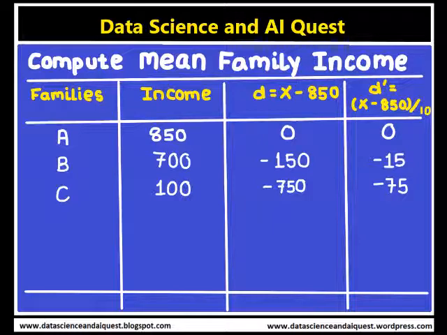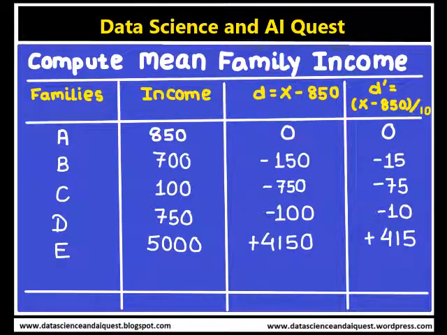Then family C: the income is 100, the deviation is minus 750, and the per capita deviation is minus 75. Then family D has an income of 750, a deviation of minus 100, and a per capita deviation of minus 10.